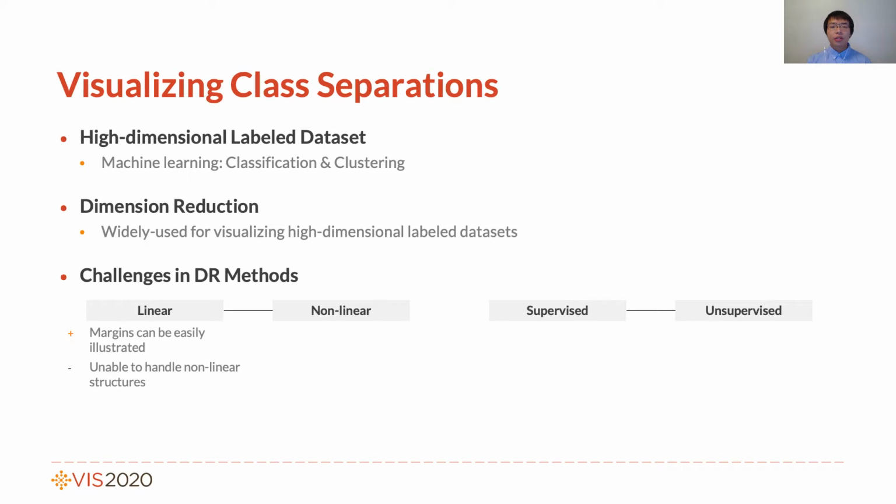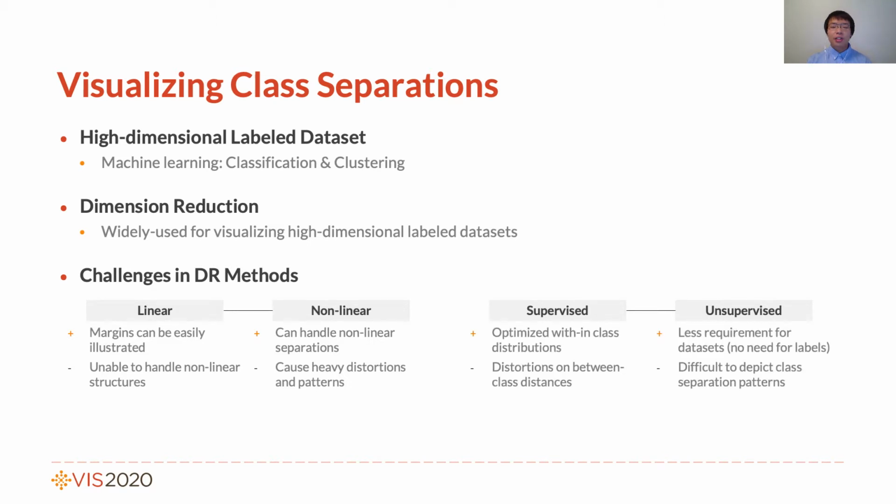In linear projections, the data characteristics such as covariance, correlations, input-output relations, and margins between classes can be easily illustrated. However, they lack the ability to extract nonlinear manifolds. The nonlinear methods are able to present nonlinear manifolds in a 2D scatter plot, but the embedded results can be extremely difficult to interpret with distortions.